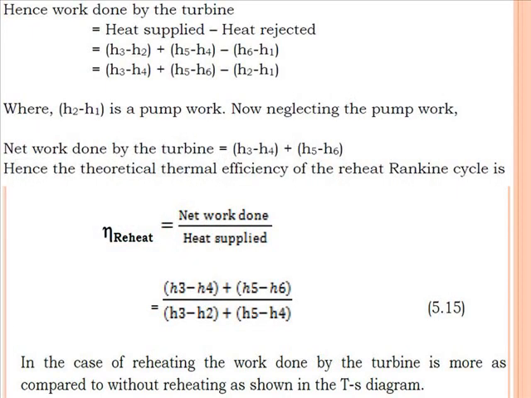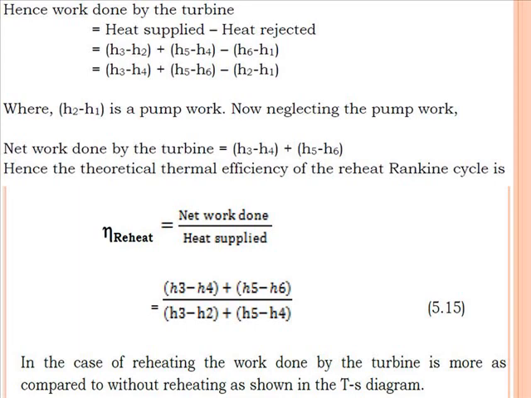So here we have to find out the efficiency of this reheat cycle. The net turbine work available is turbine work minus pump work. The turbine work available is the work from the high pressure turbine plus the work from the low pressure turbine, minus pump work, divided by the heat supplied.